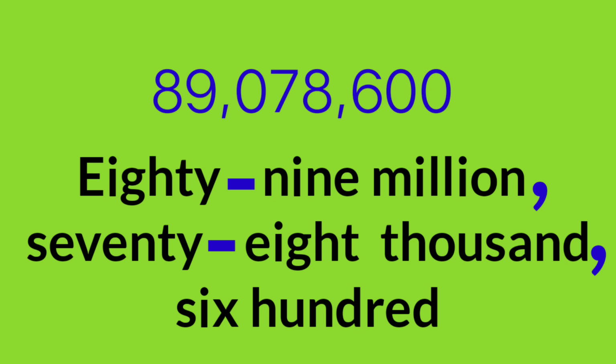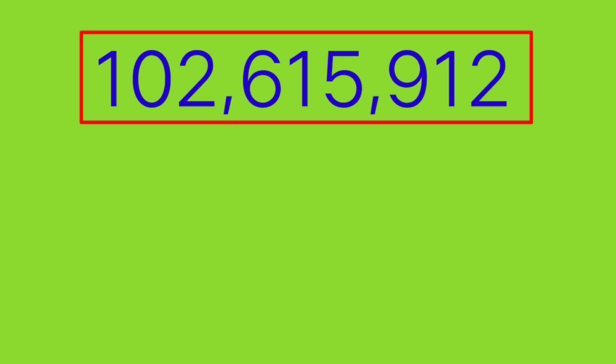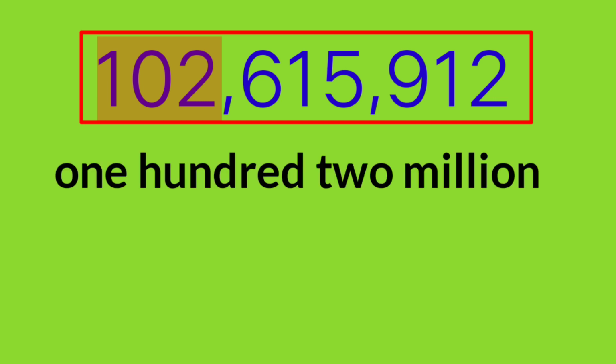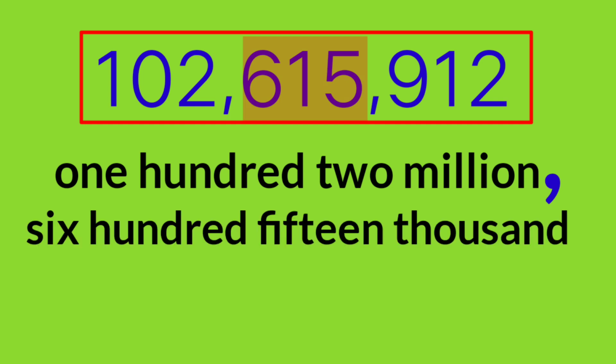Let's have our next example. 102,615,912. Okay, let's write it in words. 102 million. After million, we have to put a comma. Then, next group, we have 615,000.